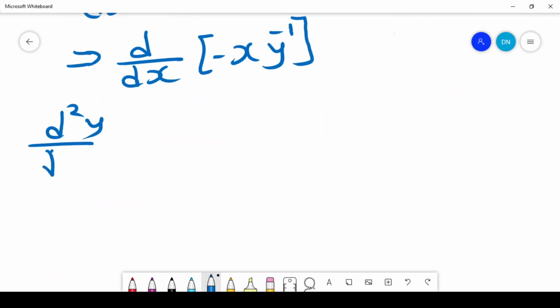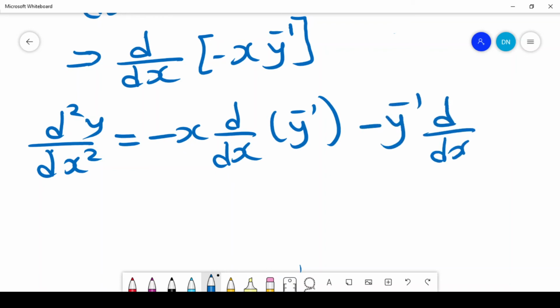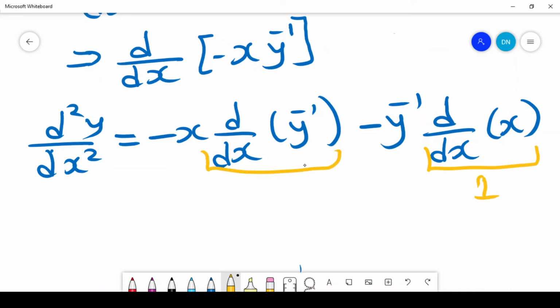D squared y over dx squared equals negative x d/dx of y to the power negative 1 minus y to the power minus 1 d/dx of x. This one we know, this one will automatically give us 1. This one will give us d/dy of y to the power minus 1 times dy/dx.